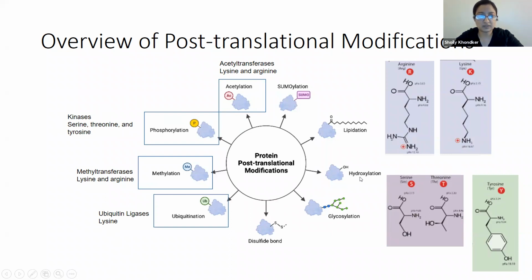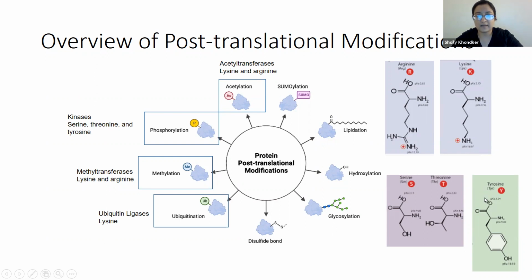There are multiple types of kinases. Many of them are capable of phosphorylating both serine and threonine residues, but often tyrosine phosphorylation is carried out by kinases that specifically target tyrosines.